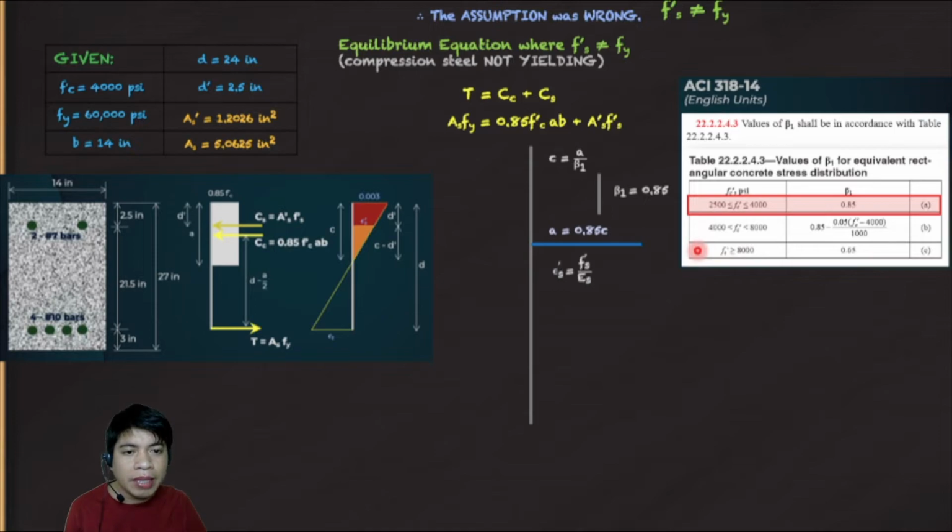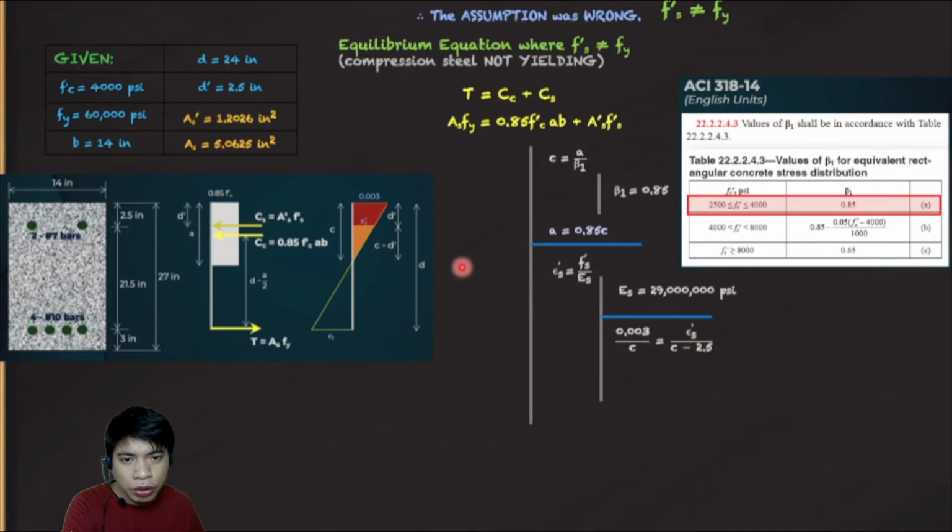Okay, so alam natin that the compression steel strain is equals to the Fs prime divided by the modulus of elasticity ng ating steel. Okay. So, of course, yung ating modulus of elasticity that is constant, that is 29 times 10 to the 6th or 29 million PSI. Tapos, based sa ating strain diagram, we can have a relationship ng ating compression steel strain at saka ng C. So, ratio proportion lang yan, guys. 0.003 divided by C is equals to compression steel strain divided by C minus D prime.